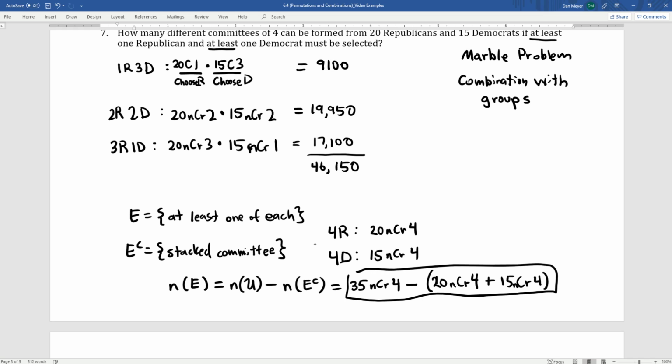All right, so if you were to type this in your calculator, you'll get the exact same answer, 46,150. Now, in this particular case, I think it's 6 of one, half a dozen of the other. There's no real benefit to doing it one way over the other. Well, I guess here's one benefit.